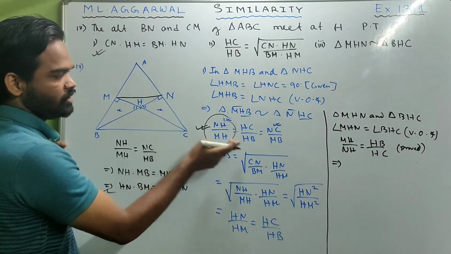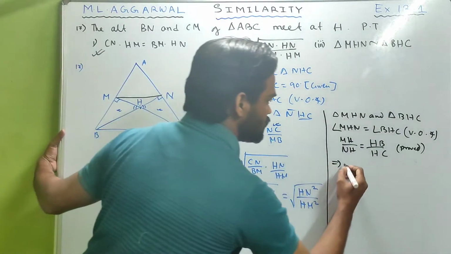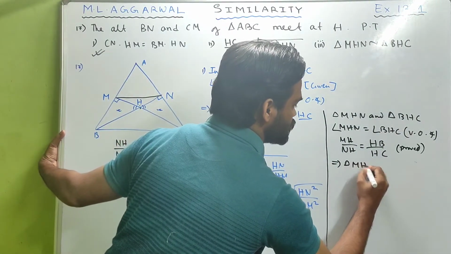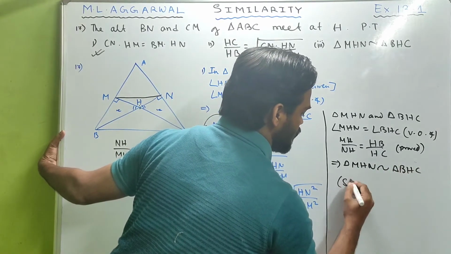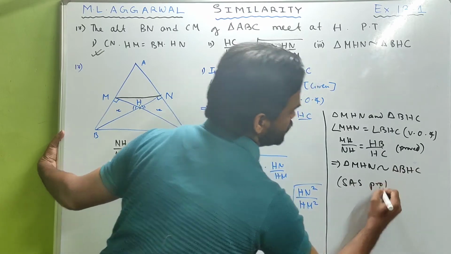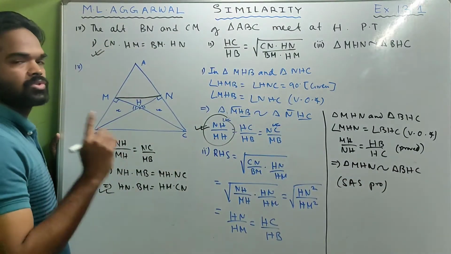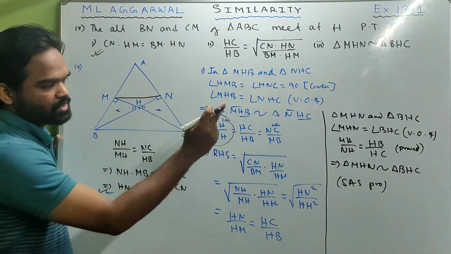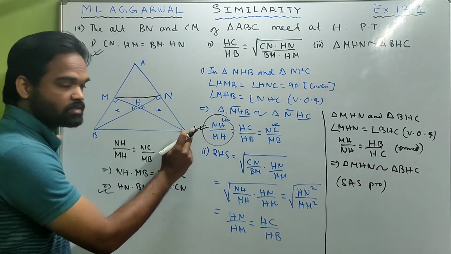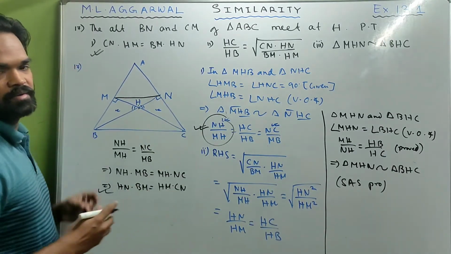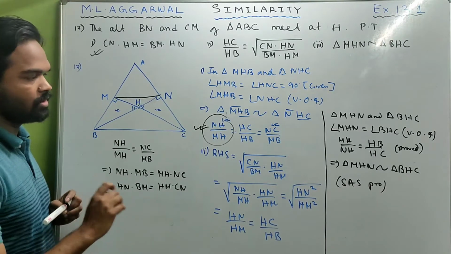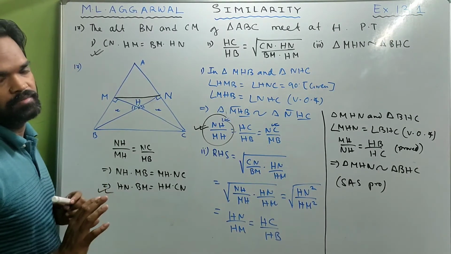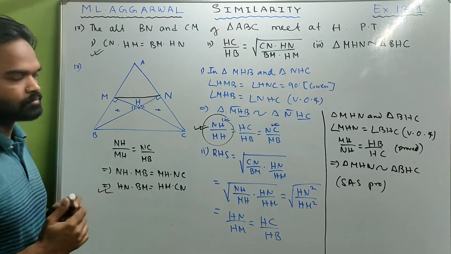See, MH by NH equals HB by HC. So we can say that triangle MHN is similar to triangle BHC, side angle side property. Done. So in the second part as well as the third part, we have utilized the result from the first part. Okay, pretty easy. Just need to know the theorem and the property for similar triangles.